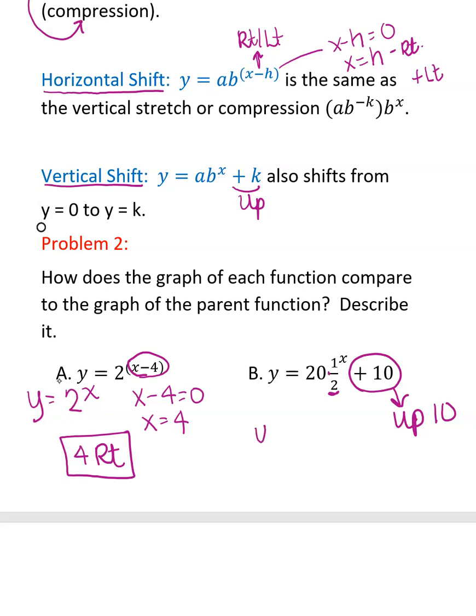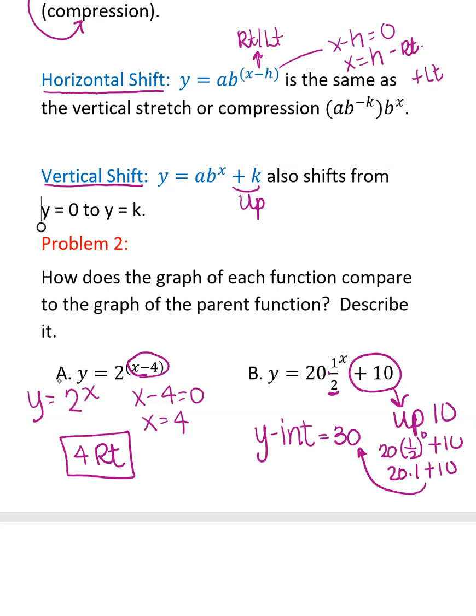This time the y-intercept becomes 30. And remember, that's when you're looking at plugging a 0 in for the x. What is the y? If you plug a 0 in there, you get 20 times 1/2 to the 0 plus 10, which is 20 times 1 plus 10, which gives you 30.